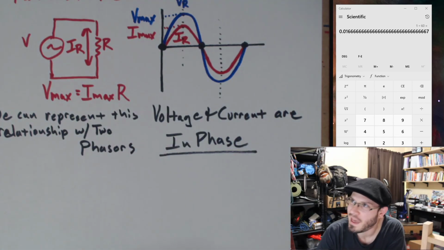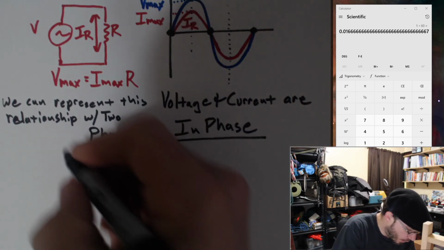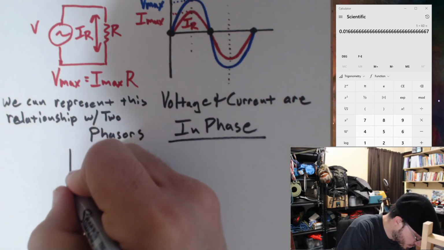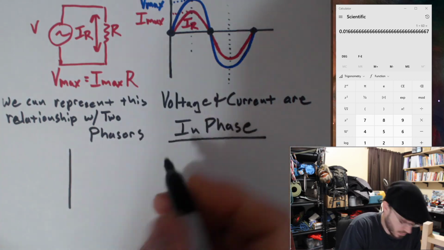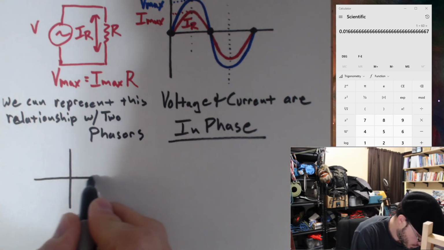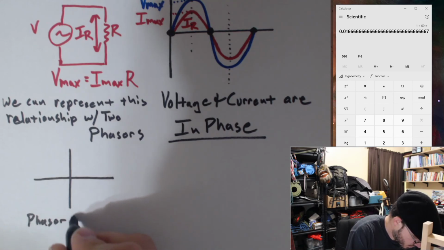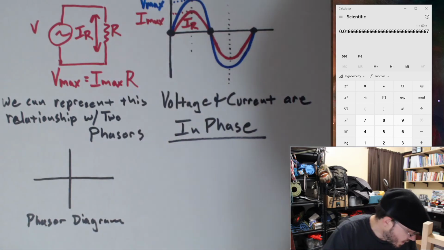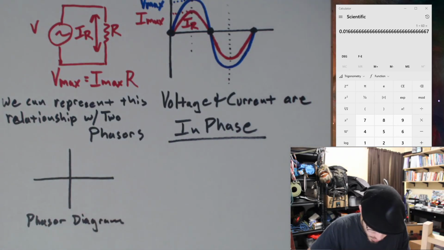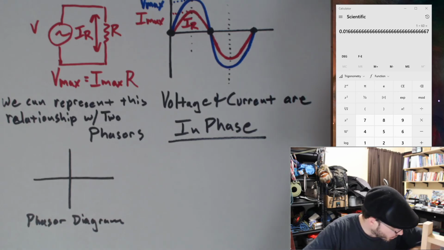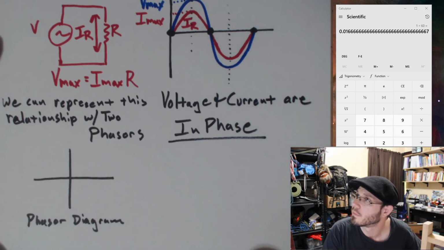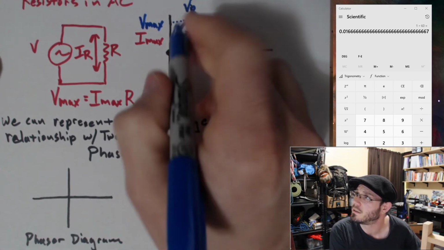And so to do that, we can go ahead and just draw our phasor diagram. And we can go ahead and draw, I'll use a blue one for the voltage, and I'll keep it consistent.